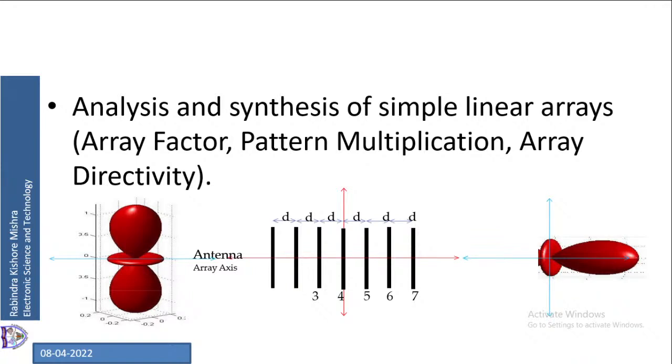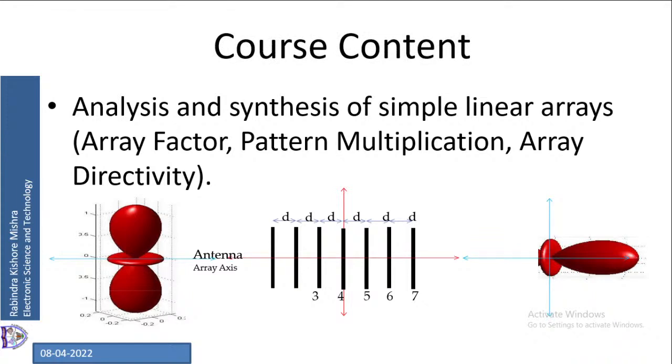When the maxima is perpendicular to the array axis, we call this a broadside array. All arrays will be either end fire or broadside, or in between these two. That is what we are going to discuss: the broadside array, the end fire array, etc.